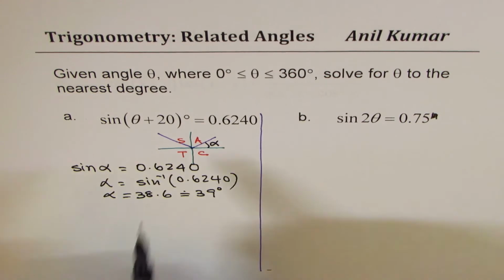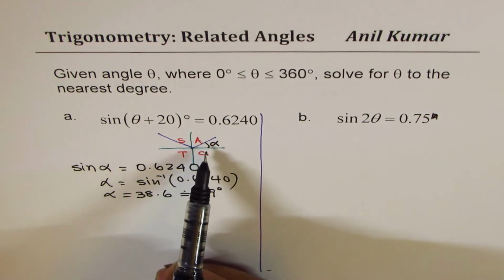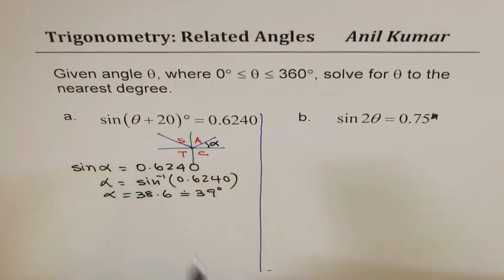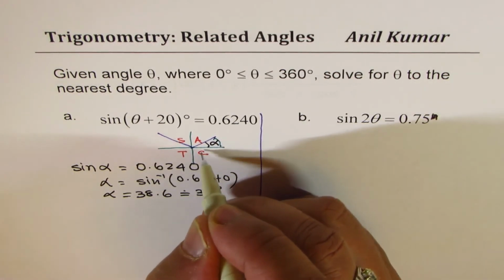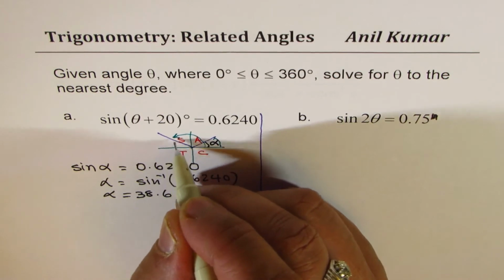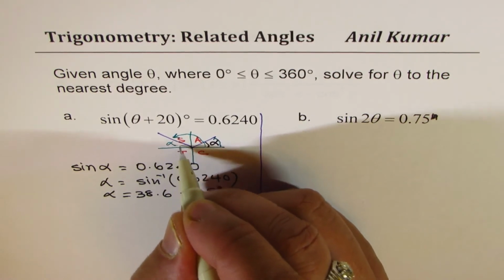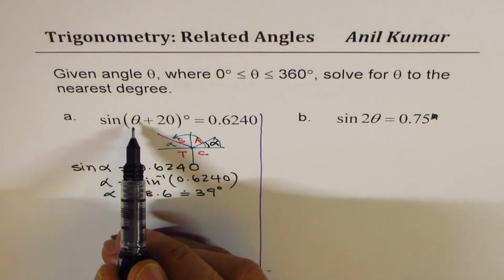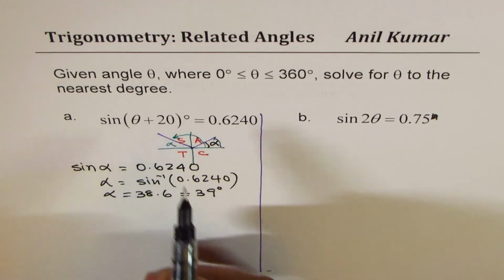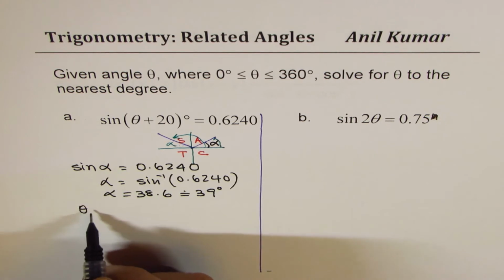Perfect. Since we know alpha, we can now find both the possible solutions. One of the solutions is alpha itself. The other one is 180 minus alpha, since that also has the same sine, correct? And the angle of interest is theta plus 20 degrees, correct? So we have two possible scenarios.